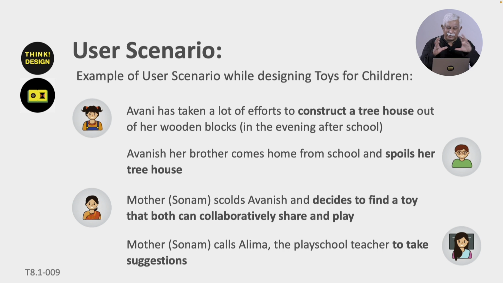You are putting together a scenario in which toys are an important factor, and are being used in different ways. So, there is a need for a solution that is a toy that can be used collaboratively, that can be shared and playful, that is meant for both girls and boys. So, you define what the problem statement is through the scenario.